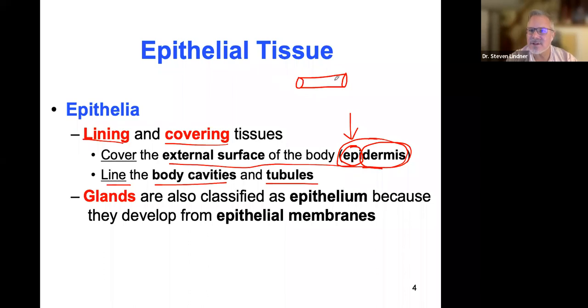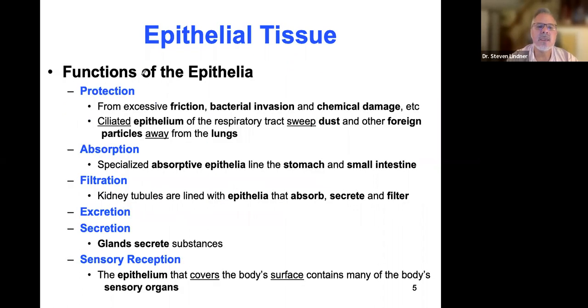They're basically just tubules or tubes. So we'll find epithelium that lines tubules and even body cavities, as well as glands. Epithelium is designed to protect us. If we think of the skin, it protects us against excessive friction or bacterial invasion, and even chemical damage.